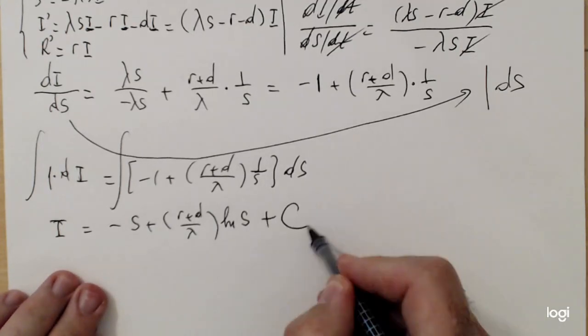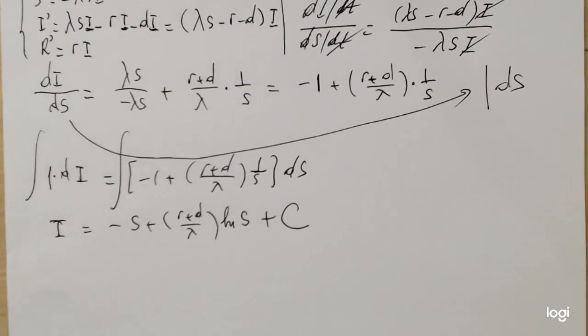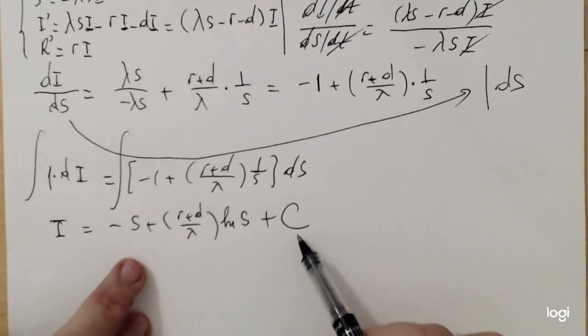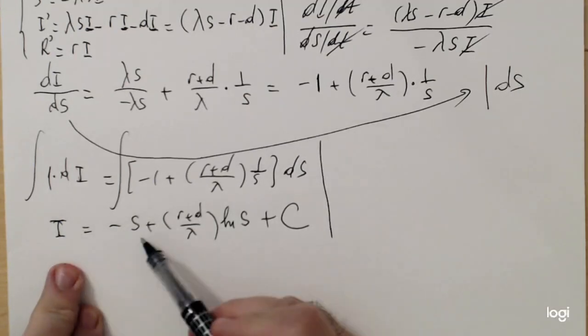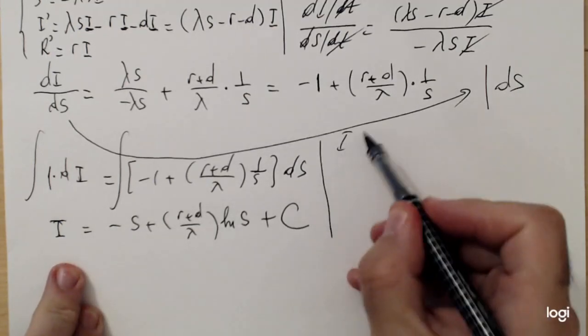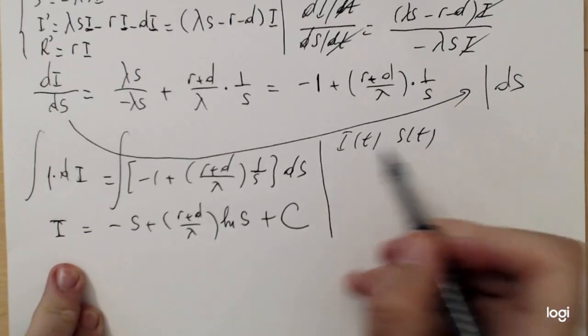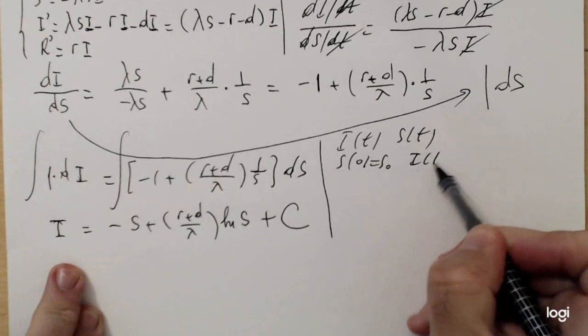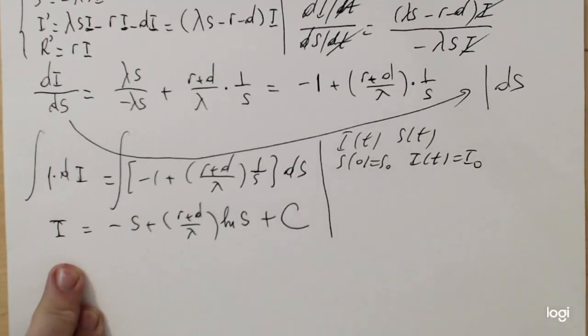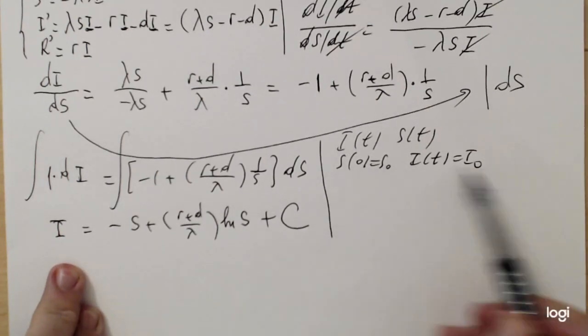And don't forget the constant of integration, as with all antiderivatives. Now, the constant of integration comes from initial conditions. So remember, I and S stand for I of t, S of t. If you replace t with 0, you're going to end up with the initial values of the population.